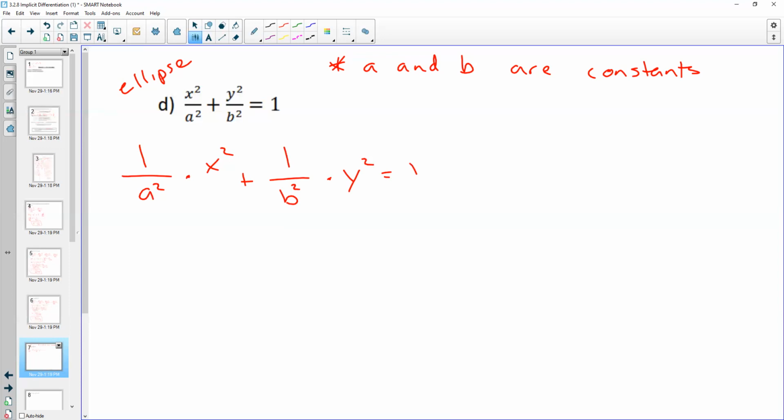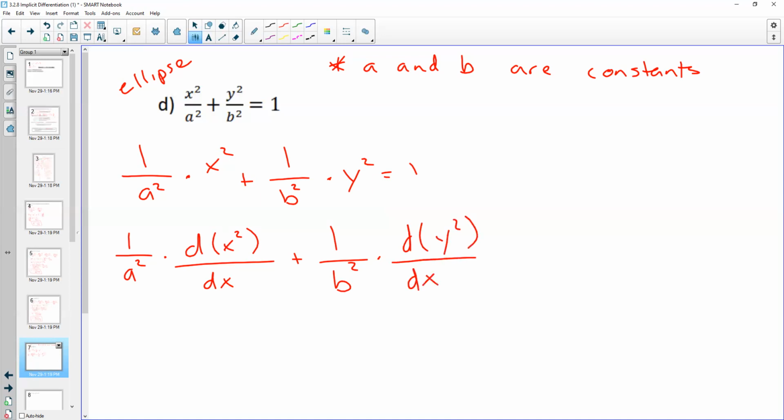We will take the derivative of just the variables, x and y, because a and b are constants. So 1 over a squared multiplied by the derivative of x squared with respect to x, plus 1 over b squared multiplied by the derivative of y squared with respect to x is equal to the derivative of 1 here.